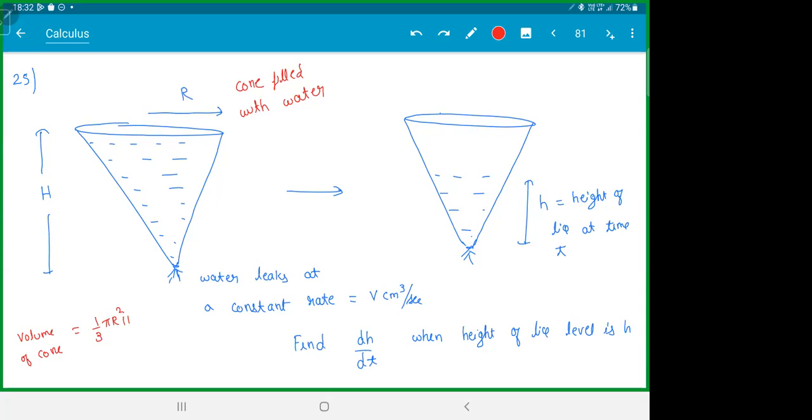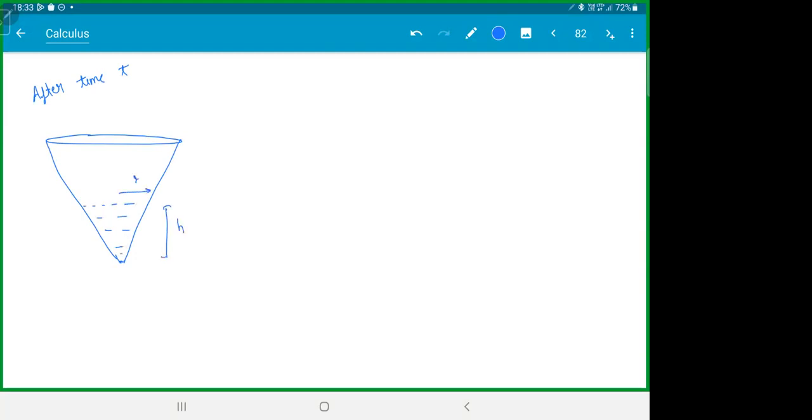Let's see how to do this. Let's say after time t, the water level is still here. Let this be small h and this be small r.